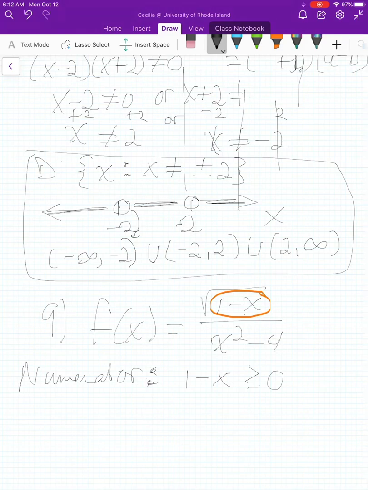You can add x to both sides, but I've noticed students seem to mix that up a lot. So let's keep x on the left. We're going to say this is negative x has to be greater than or equal to, subtracting 1 from both sides, negative 1. And now we're going to multiply both sides by negative 1 to get rid of this negative, and that means we have to flip the inequality.